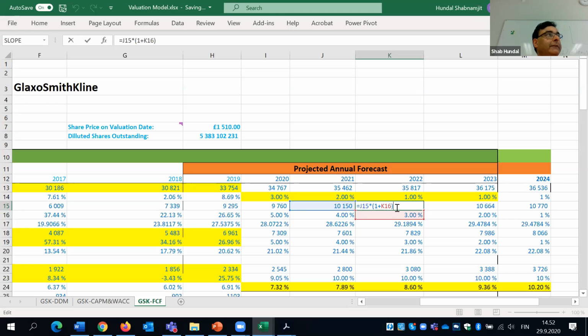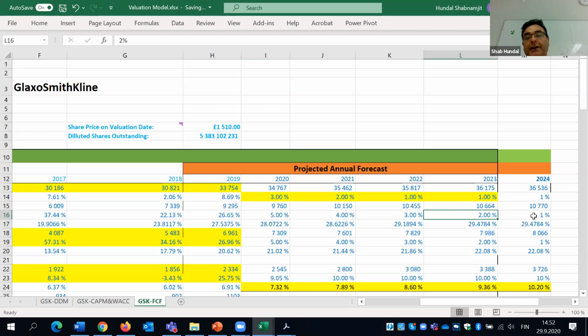I repeat, if there was no COVID this year, I could have taken simply the average of the previous years and then continued. And even if I had a reason to believe that the future is going to be bright, then 2020 and 2021 would have had a higher rate, 22 even higher, 23 even higher, 24 highest perhaps.